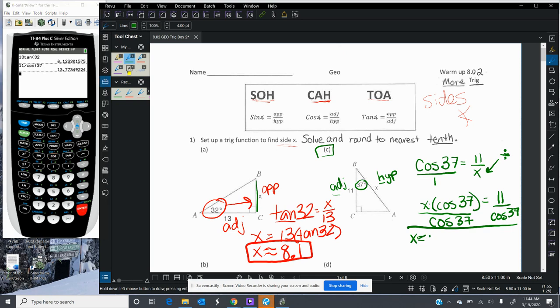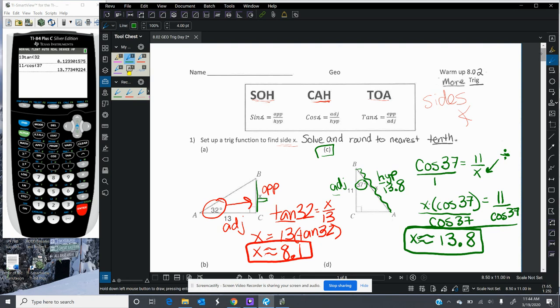And here we get approximately 13.77, which rounds to 13.8. Again, that's finding lengths of sides. So here, x was a side measure, 13.8. In the first picture, x was the opposite side.